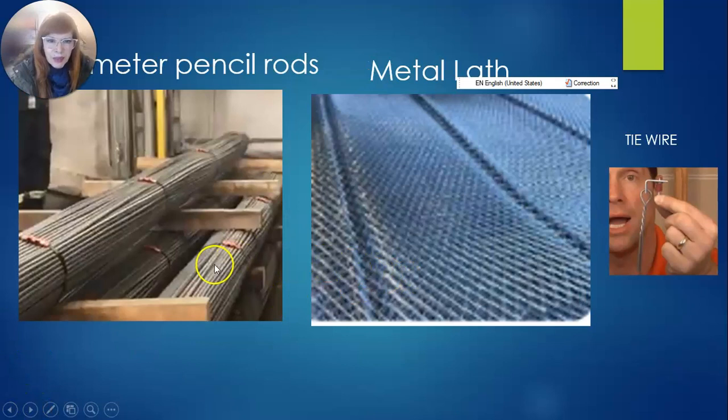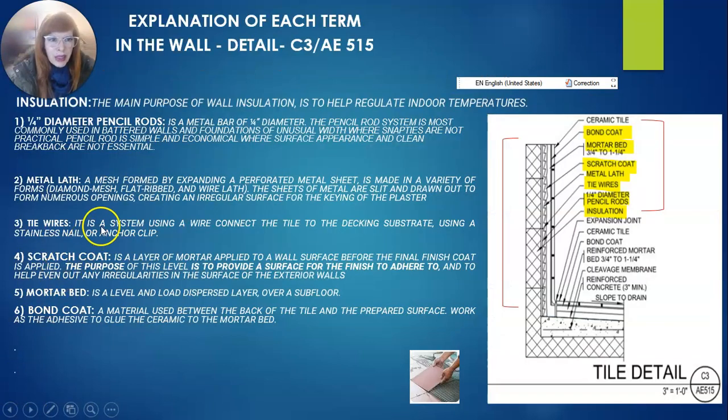This is tied together with the tie wire, okay, that I explain in the next item. The tie wire is a system using a wire to connect the tile to the decking substrate using a stainless nail or anchor clip.